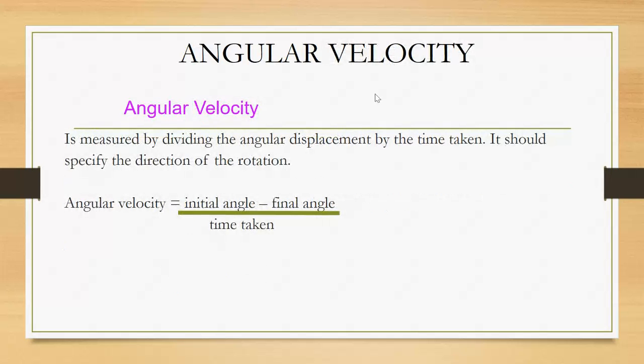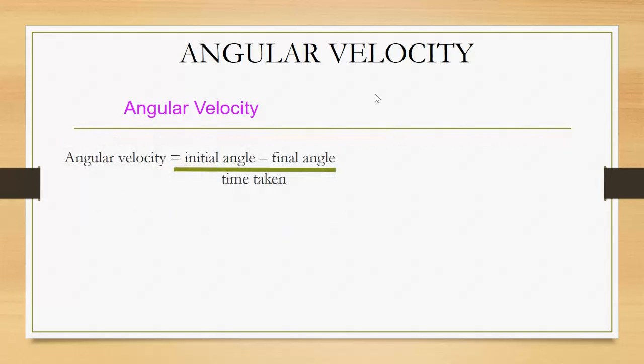Okay, if we're looking at angular velocity, the same as before, it takes into account the displacement. So it's the initial angle and the final angle divided by the time taken. So it's measured by dividing the angular displacement by the time taken. So it should specify the direction of the rotation as well.